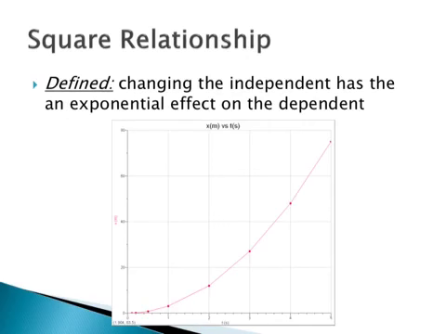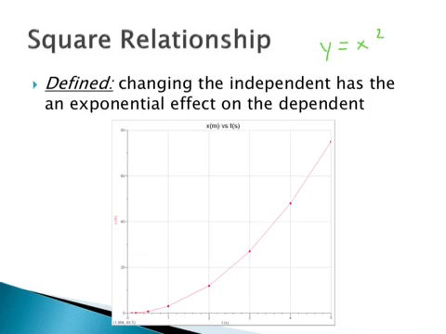Okay, the next type of relationship is a square relationship. And if you think of an equation, it would be something of the form y equals x squared. So a square relationship is similar to a direct relationship in that when you're changing the independent variable, it has the same effect on the dependent, meaning it's going to increase the dependent if I increase the independent.